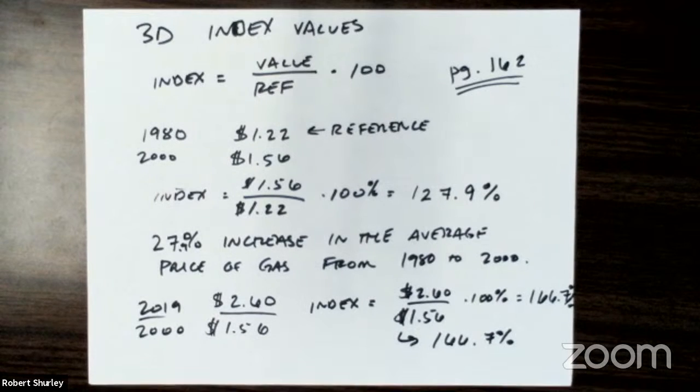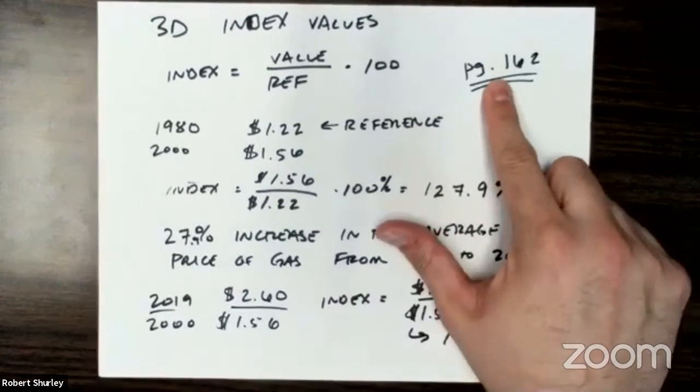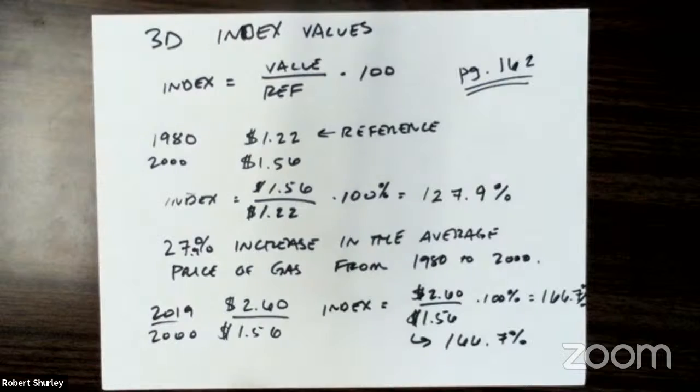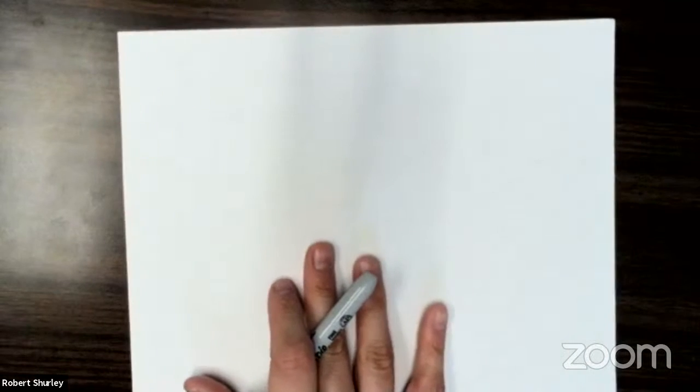And then it talks about using reference years as well. I think your book does this. Yeah, your book does it with reference years as well. And let's look. So again, if you go back to page 162, let me get a new sheet of paper. On the left, you can see the price index where they stuck 1980 as 100. So what they've really done is they've used the reference of 1980.